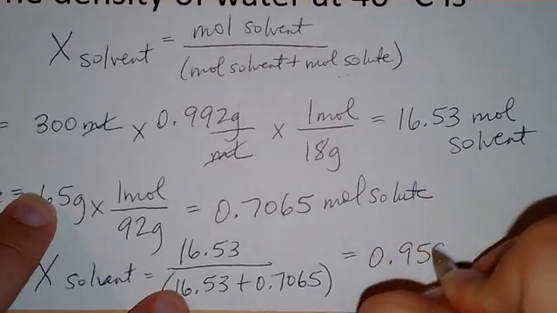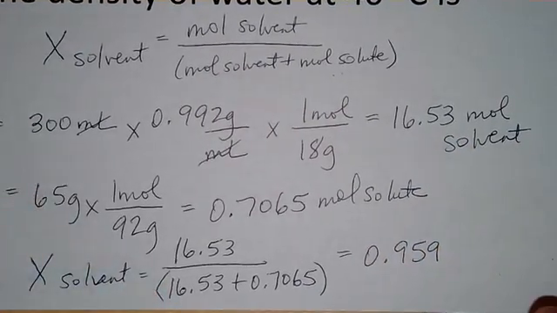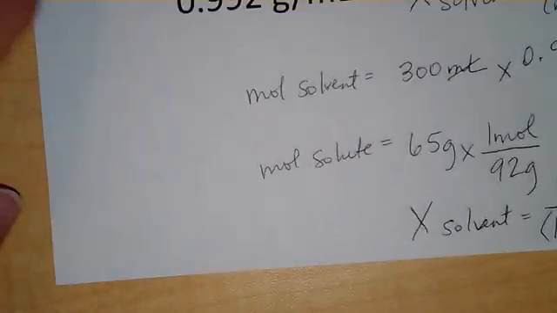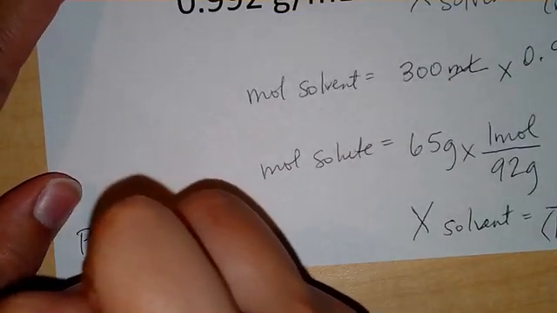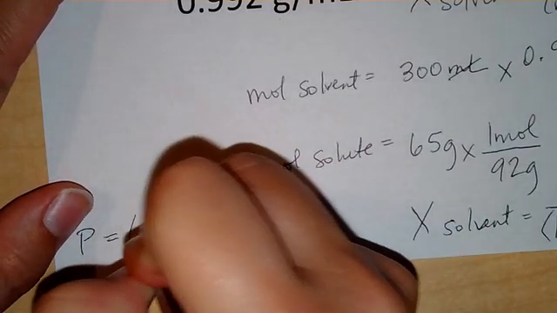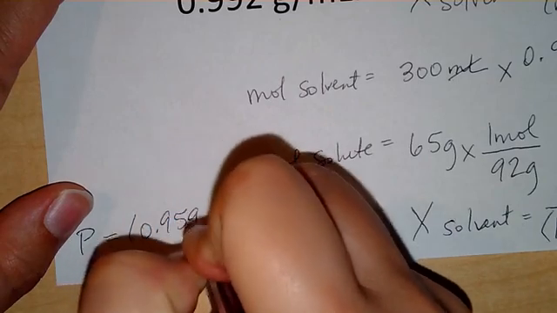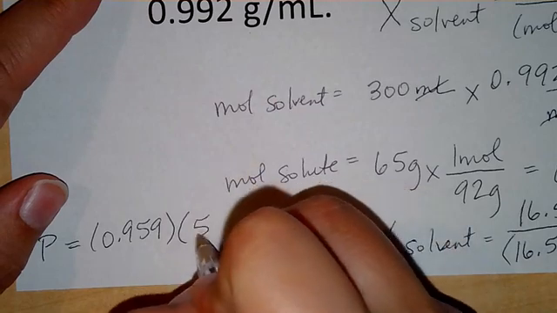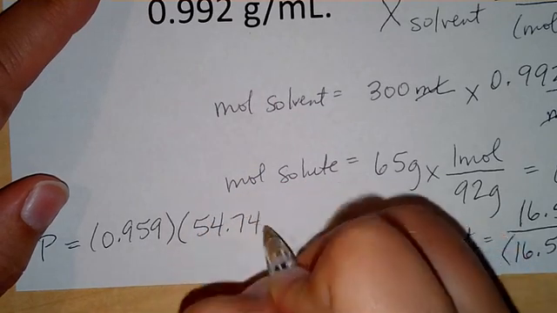Alright, so now we're going to take that value and plug it in. So we're looking for our vapor pressure. We now have our mole fraction for our solvent, and we're going to multiply it by the 54.74 torr, which was the number we had up here for our pure pressure of water.